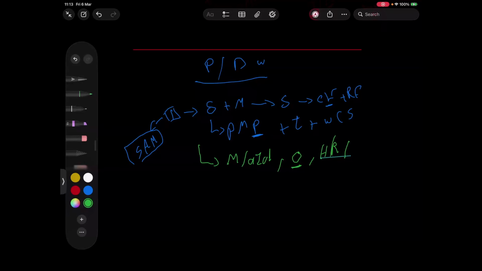Hypo or hyper? Hypo. So once you find a statin in a question with proximal weakness, you think about SAM. When you think about SAM, you're going to think about, is it a drug interaction?